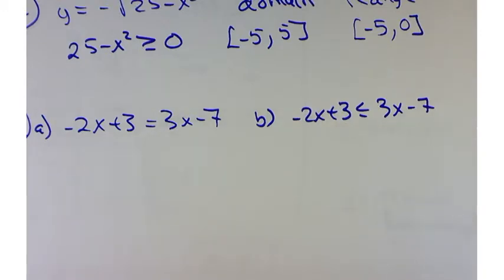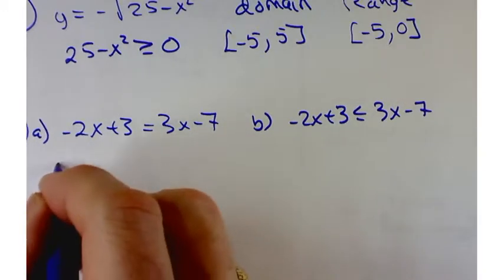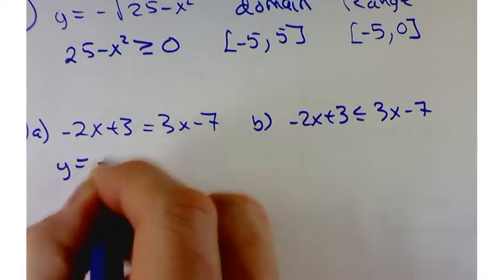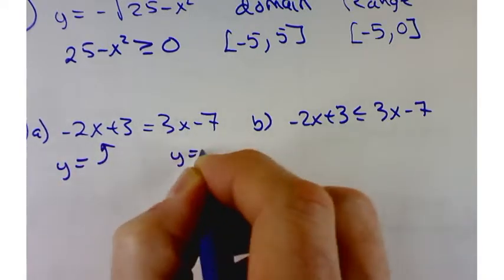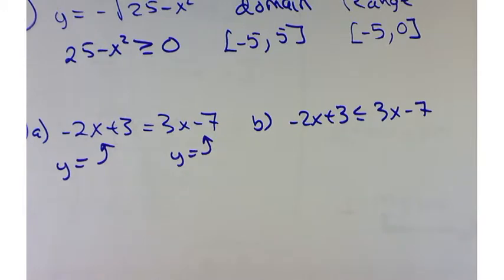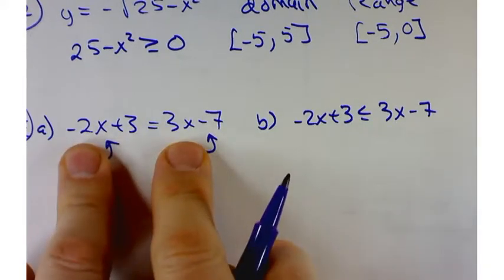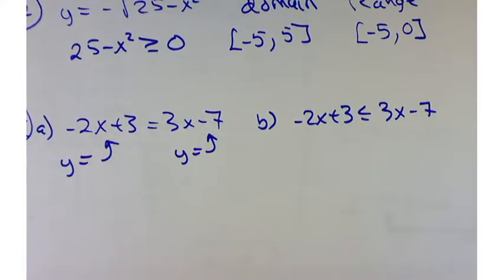One way to answer this question is to say, all right, I'm going to graph y equals this and y equals this, and find out where those two graphs cross each other. Because really what you're looking for is where these two things are equal. So let's do that. And that's on Desmos for us.